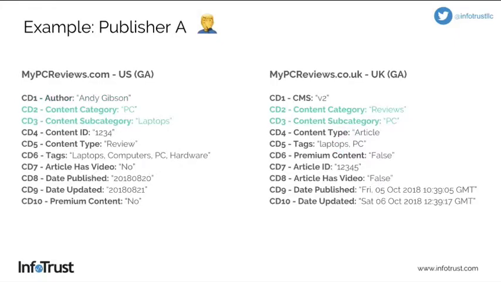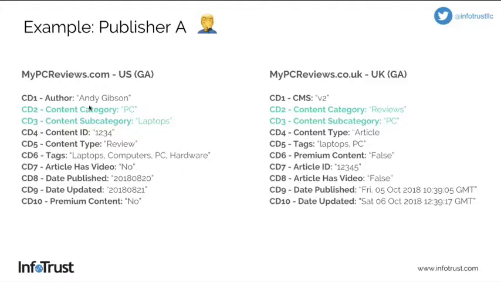We can see that we are collecting a content category and content subcategory across both markets, and they're in the same kind of custom data point slot. The issue is in how those are being categorized. The US team is capturing a content category of PC and then a subcategory of laptops, whereas the UK team, the content category, they're calling it reviews, and then the content subcategory they're saying is PC, which is really being mapped to the content category on the US side.